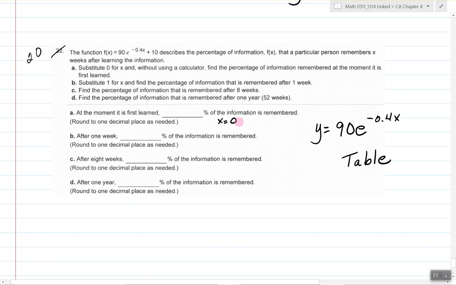That's how many weeks it's been after learning it. Part B, it's 1 week after learning it, 8 weeks after learning it, 1 year, which is 52 weeks after learning it. And we'll see what percent is left.